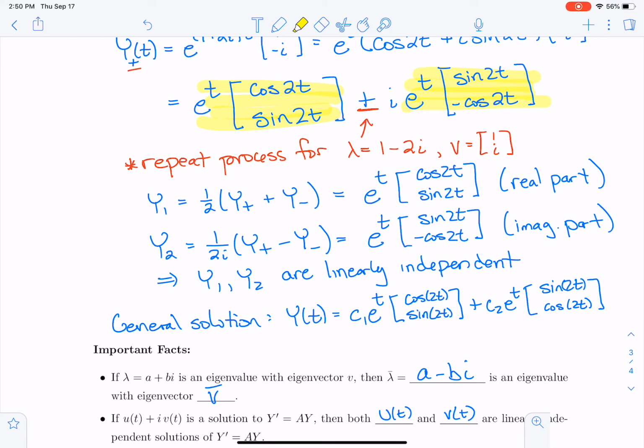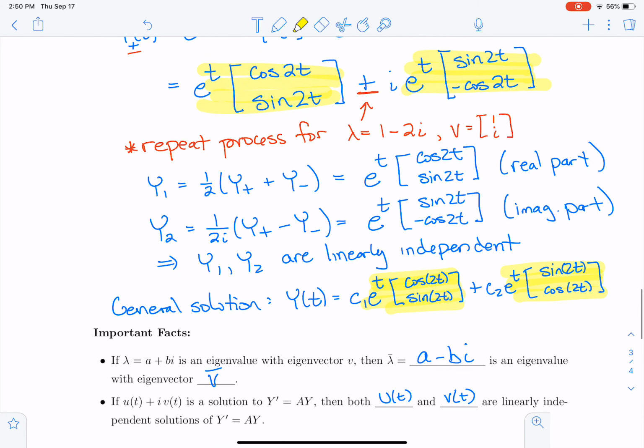And then we saw that the real part was a solution and the imaginary part was also a solution. And so this is the method to solve a linear system of differential equations where the eigenvalues are complex.